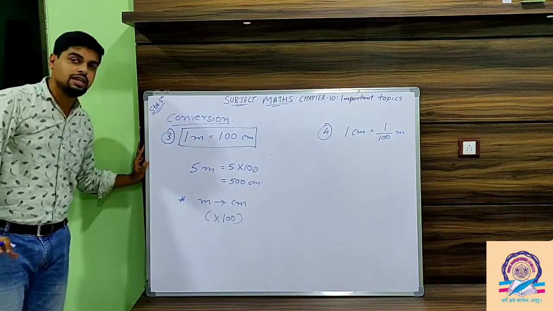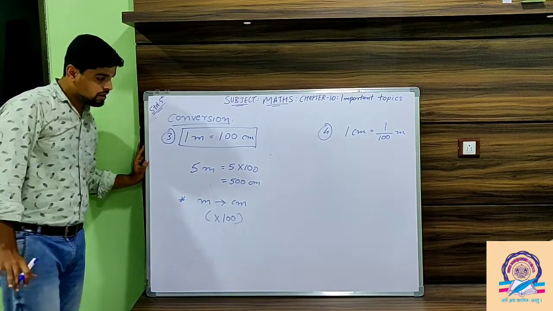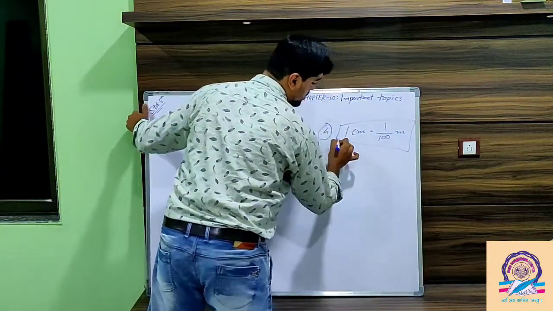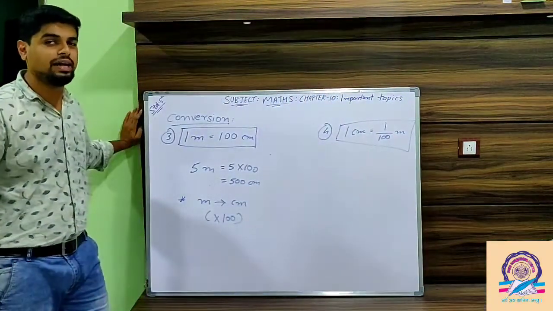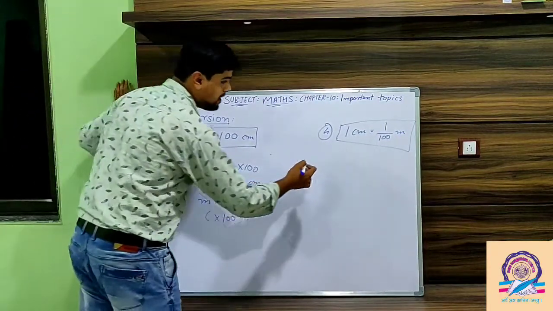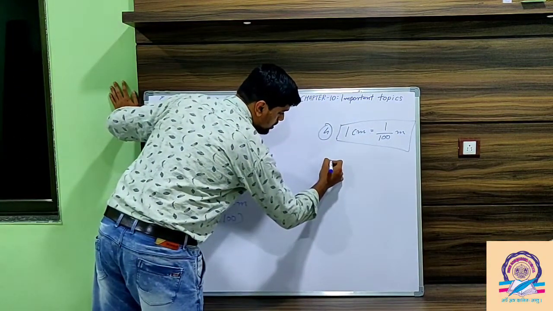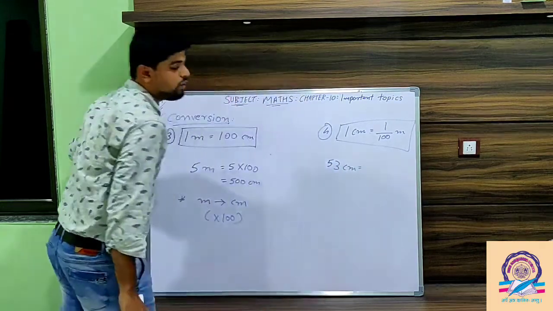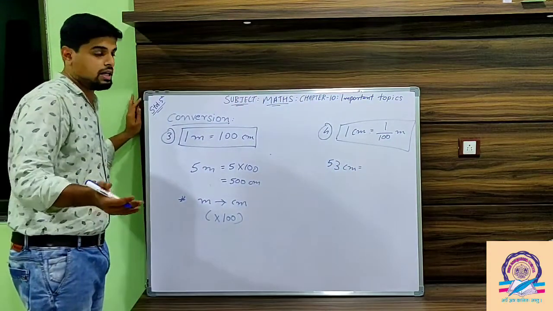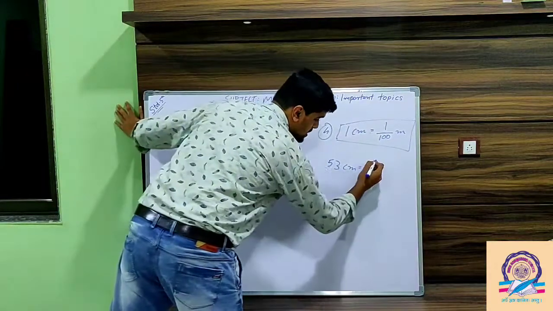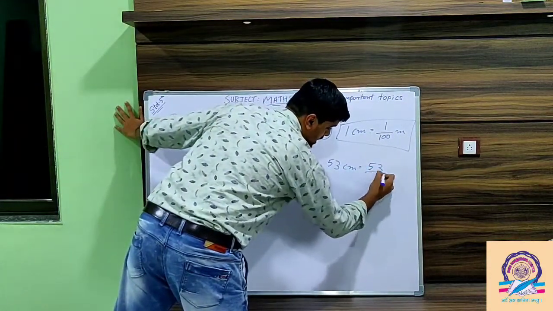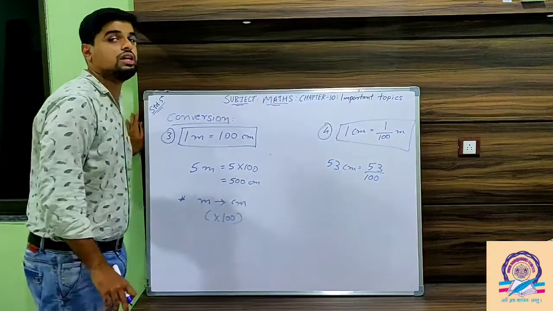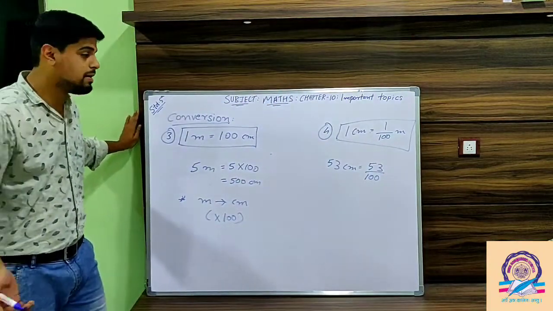Okay, is it clear, Bachcha Party? Next, to convert centimeter into meter, you have to divide by 100. Let's take an example. If you have 53 centimeter and you want to convert into meter, you have to divide this 53 by 100. Again, we have learned how to convert a given fraction into decimal point.